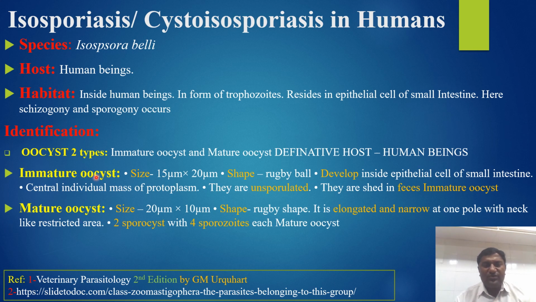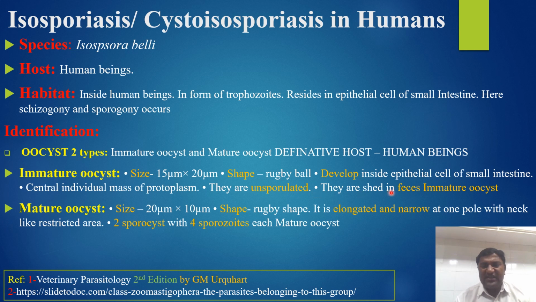The immature oocyst is 15 micrometers by 20 micrometers in size. The shape is ovoid or ball-like, and it develops inside the epithelial cells of the small intestine with a central mass of protoplasm. They are also unsporulated.